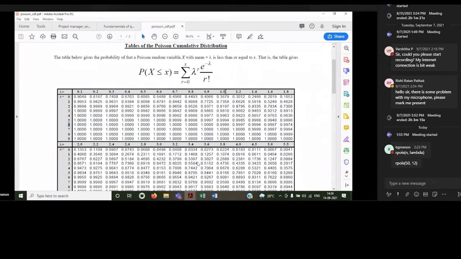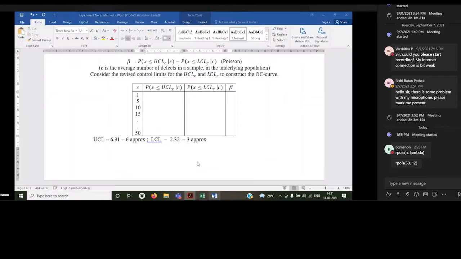So lambda is 1 and X is 6, the value is 0.9999. You can round it off to 1, and 3 decimal places will do.